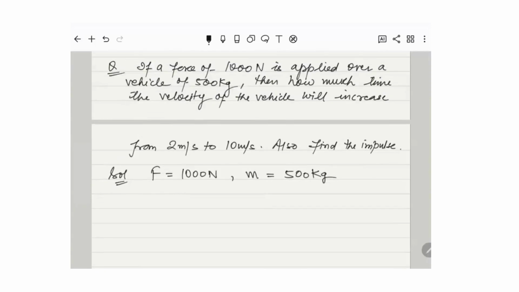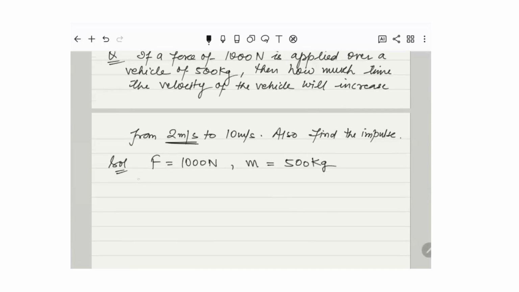Next, 2 meter per second, what is it? What is 2 meter per second? Initial velocity or final velocity? Initial velocity. So write down initial velocity denoted by U, 2 meter per second. Now, what is 10 meter per second? Anvi? 10 meter per second?